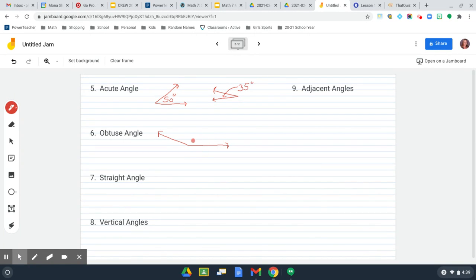And let's say this is 150 degrees, obtuse angle. Or maybe I draw one the opposite way. And maybe this one is 135 degrees, obtuse, greater than 90.